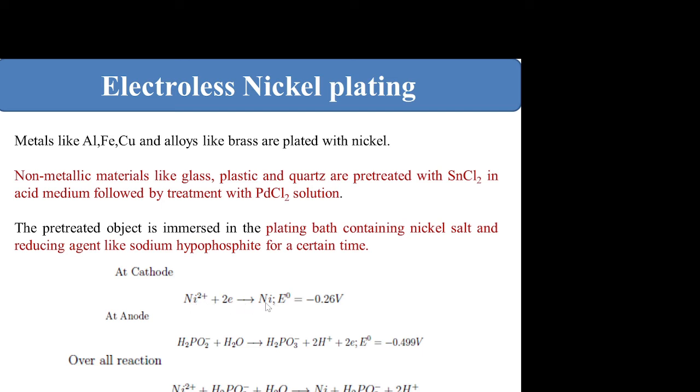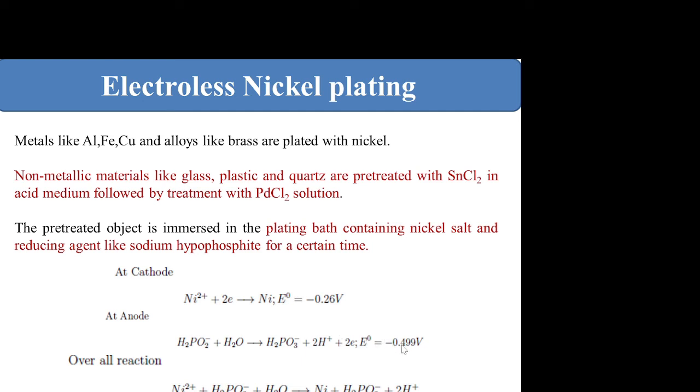Nickel has a reduction potential of minus 0.26 volt. H2PO2 minus is the hypophosphite ion. Sodium hypophosphite can be represented as the hypophosphite ion, H2PO2 minus, which undergoes oxidation.